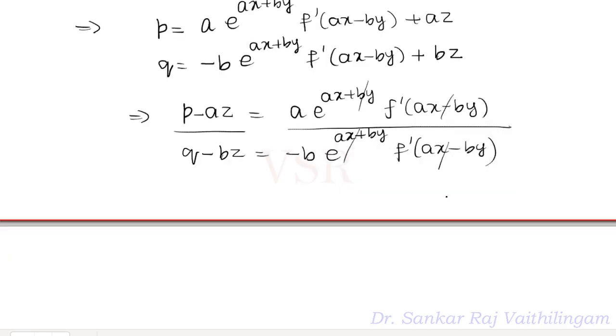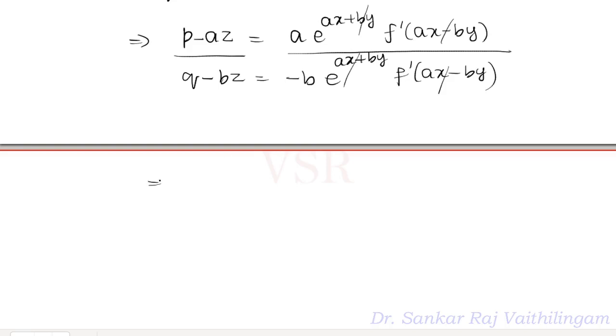So we'll have this implies that, இங்க இது உள்ளதுப்பா, minus b times p minus az which is equal to a times q minus bz we'll have. அப்போ இத கொஞ்சம் எக்ஸ்பேண்ட் பண்ணிடலாமா?